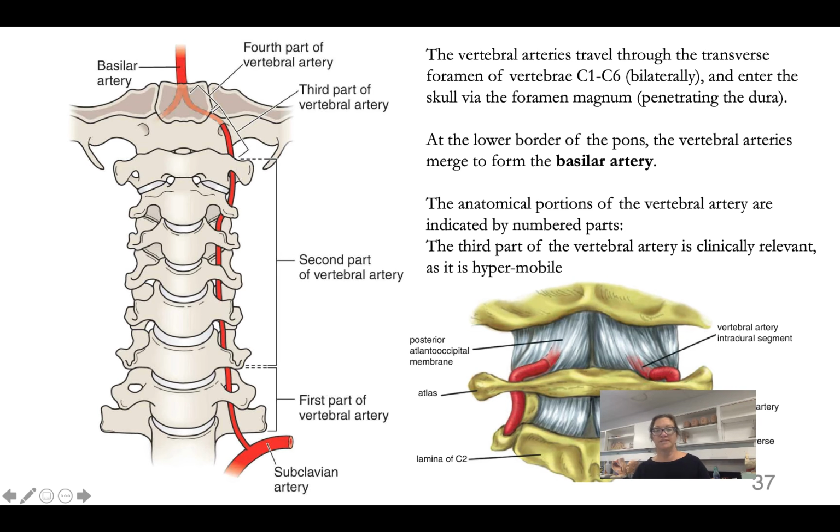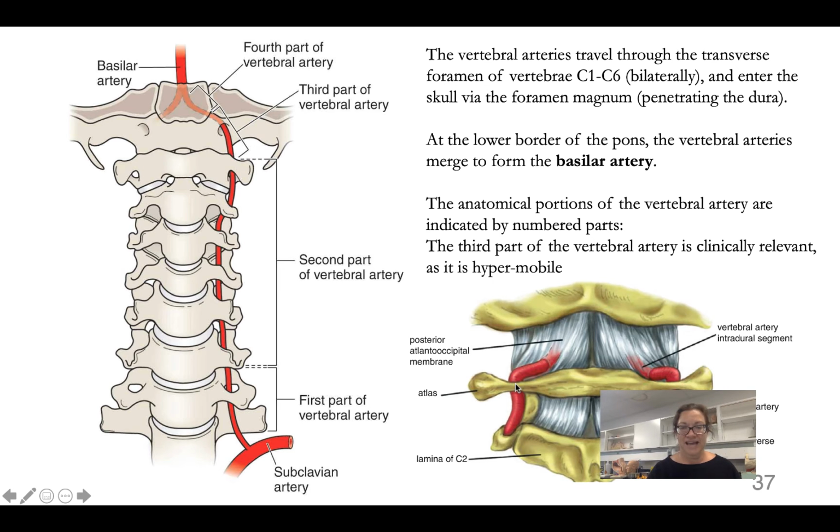Now, there's a point of vulnerability here, and there are numbered regions of each vertebral artery. The first is very proximal, near its branch point from the subclavian, and the second travels most of the cervical spine. The third part of the vertebral artery is the portion where it dekes into the skull. And I'll show you this on the table too.